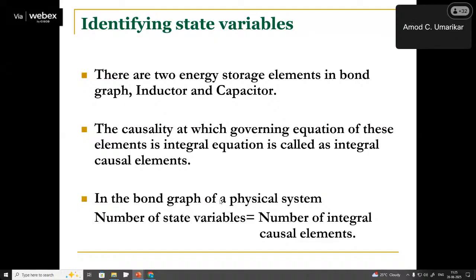So in the bond graph, the number of state variables is the number of integral causal elements. Or in state equation, the number of state variables is the number of energy storage elements. How they are connected also affects, right? Let's say there are 3 inductors connected in star, how many state variables will be there?